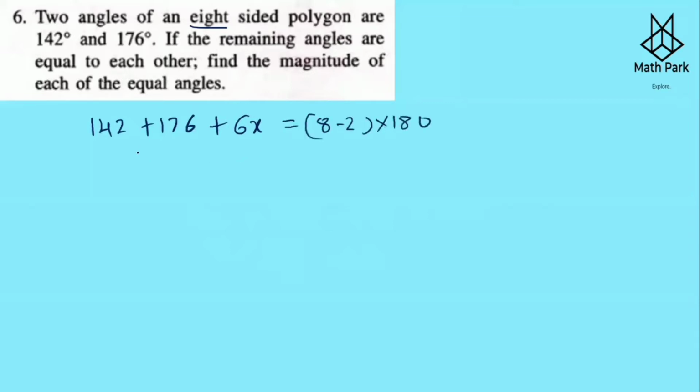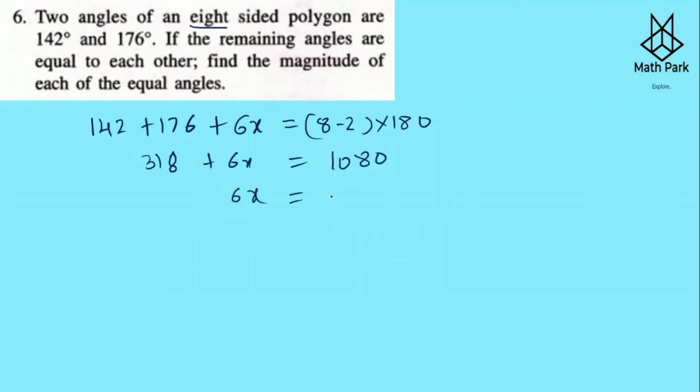So let us add 142 plus 176. You get this as 318. 318 plus 6x is equal to 6 times 180, since 8 minus 2 is 6. So 6 times 180, you get 1080, the sum of the angles of an octagon.